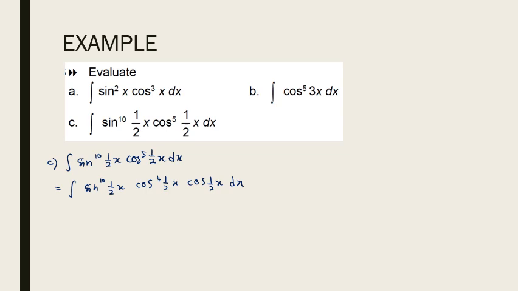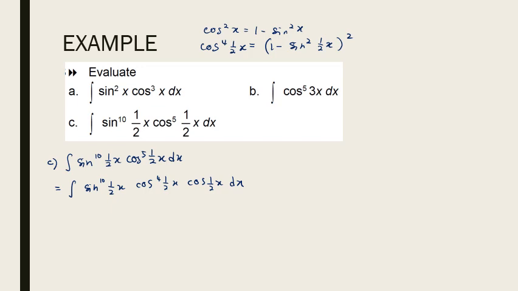Half x is the function inside the trigo. Okay, next. What to do? Use identity. So, what is the identity? Cos square x equal to 1 minus sin square x. So, now we have cos power of 4 1 over 2x, so it becomes 1 minus sin square 1 over 2x, squared.